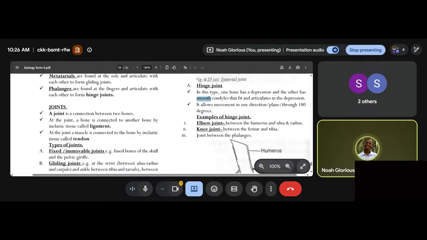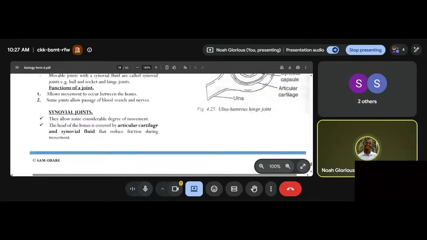One has a depression, the groove. Remember we talked about the groove, and the other one has what we call condyles. The bone is curved. It fits into the depression. It enters into the depression to bring about movement. So it's simple to remember: one has a depression or a curve, another one has smooth condyles. It's not difficult for you to remember that.